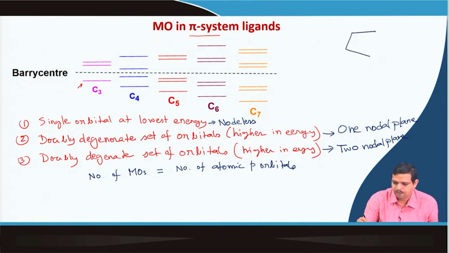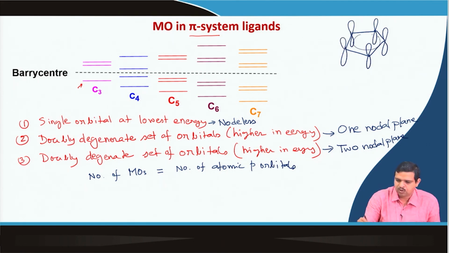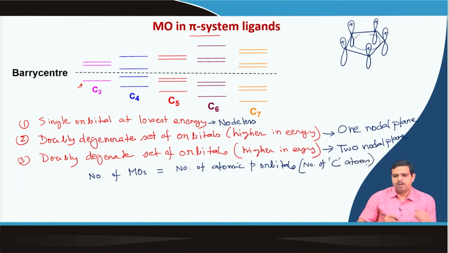Here you draw the 5 p orbitals, and these are conjugated, so you see plus plus plus plus plus. So the number of atomic orbitals is 5, and the number of molecular orbitals of the pi system will also be 5. That means the number of atomic orbitals equals the number of carbon atoms involved in the pi bonding.